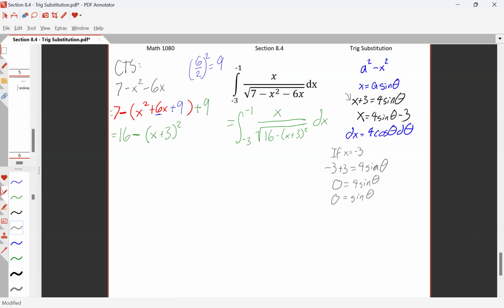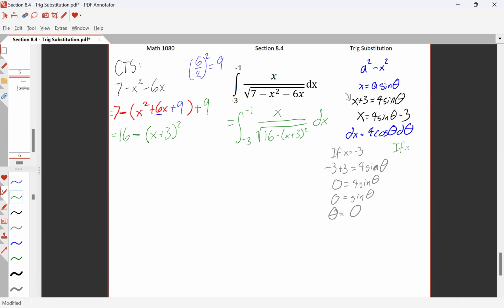The first place that gives sine being 0 that we care about is theta being 0. So our new bound for when x is -3 is going to be 0.